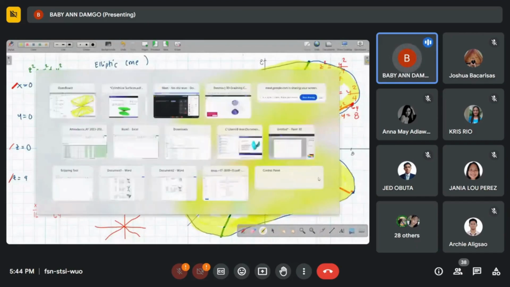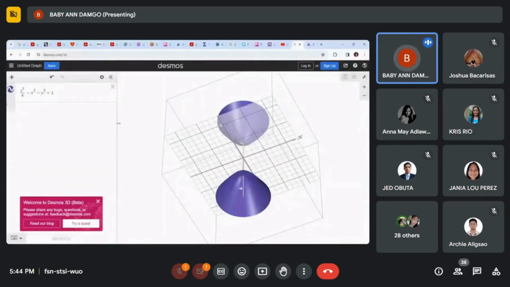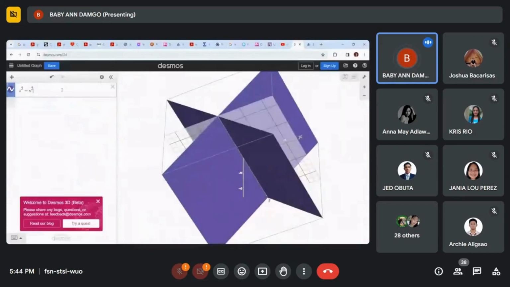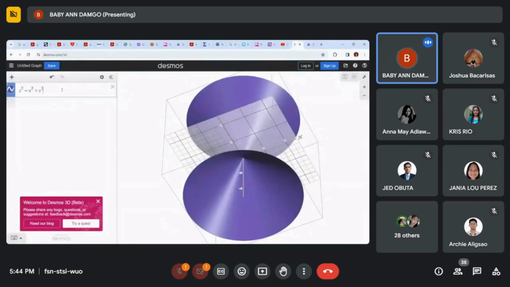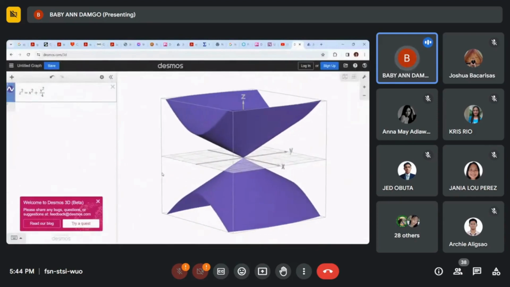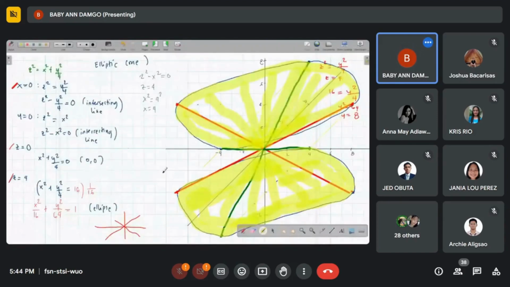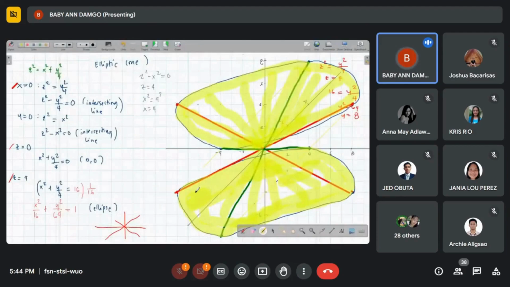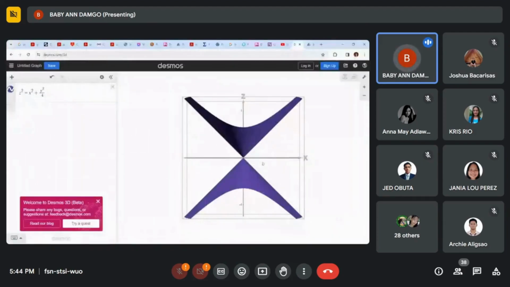So, kung ato na siyang i-write sa Desmos, we have z squared equals x squared plus y squared over 4. Okay, so this is the graph. So, ang iyang form, mao ni siya ang iyang intersecting lines with respect to x.